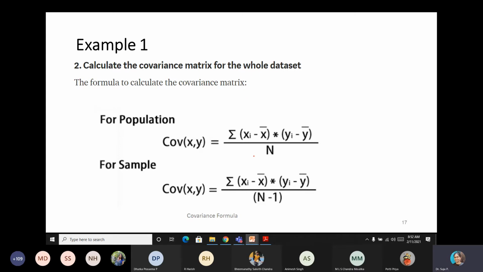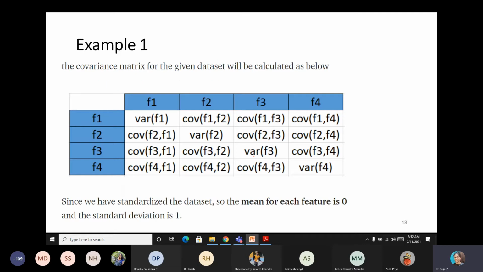Using this formula, we have to find the covariance. All the features are written here. Feature 1 and 1 is variance, feature 2 and 1 is covariance, feature 2 and 2 is variance, feature 2 and feature 3 is the covariance between F2 and F3, and so on.